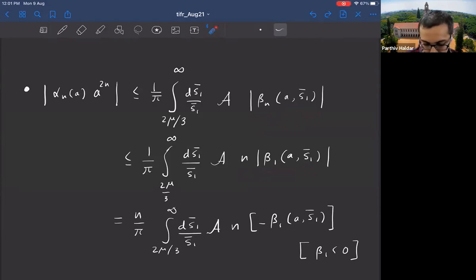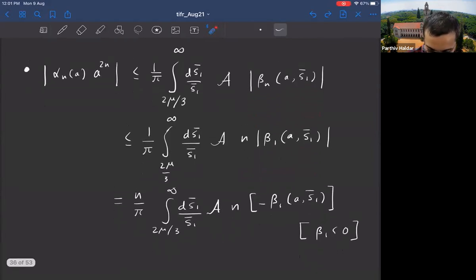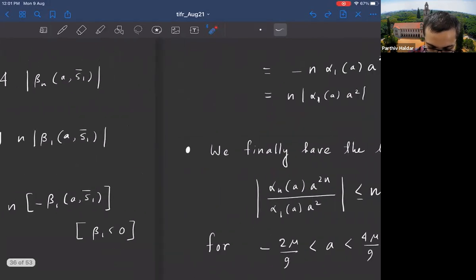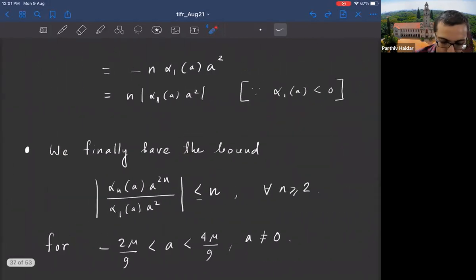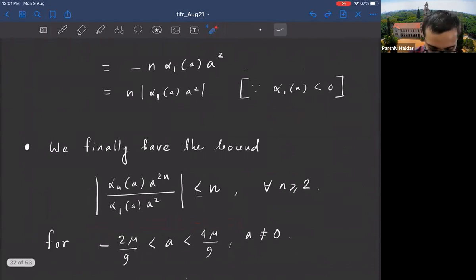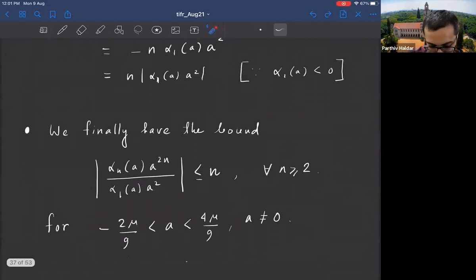Because beta 1 is negative, mod of beta 1 is essentially minus beta 1. When you put this together, it ultimately becomes mod of n times mod of alpha 1. So you have found the desired bound on alpha n by 8 squared. This is the central result.